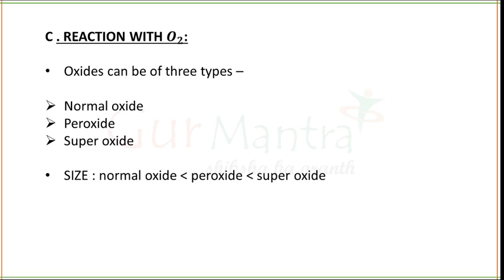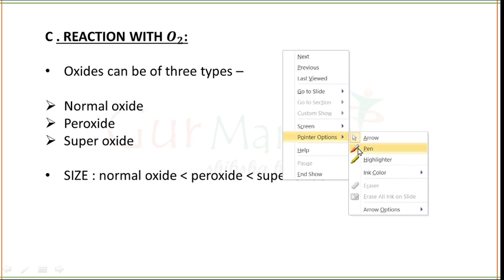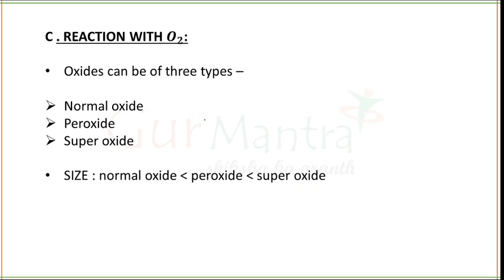Reaction with O2. If you talk about the reaction with O2 of the group 1 elements, oxide can be of 3 types. Number 1 is normal oxide, which can be represented as O^2-, while peroxide can be represented as O2^2-, while superoxides are O2^-.